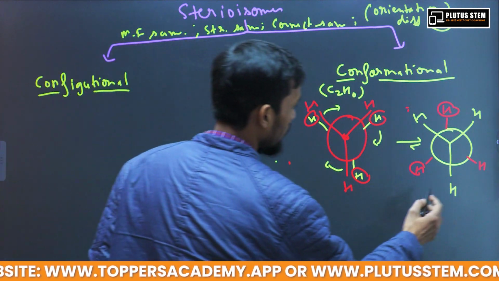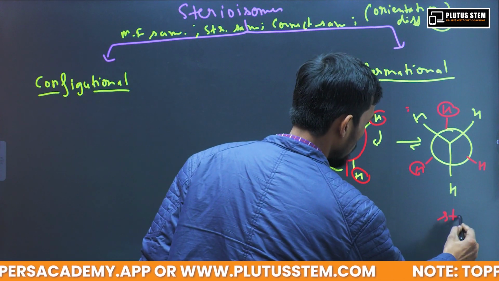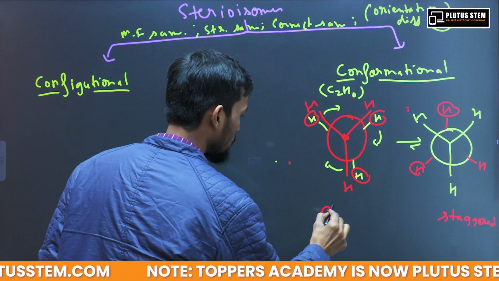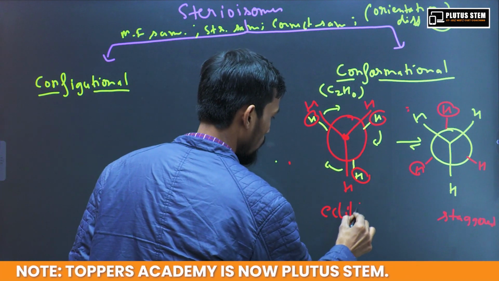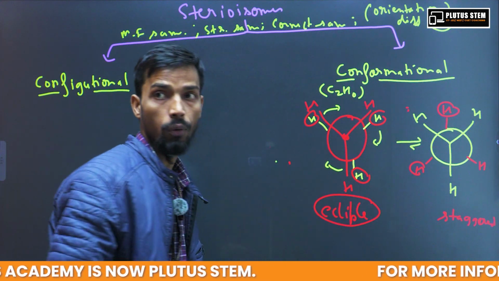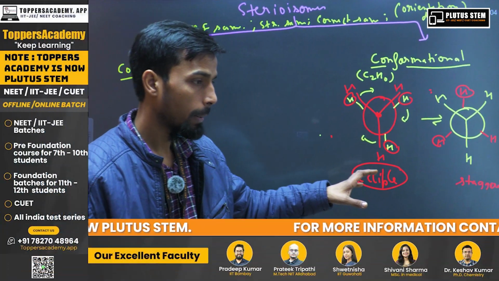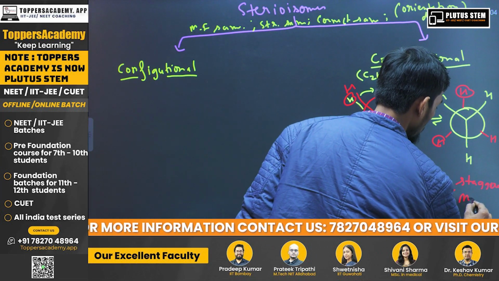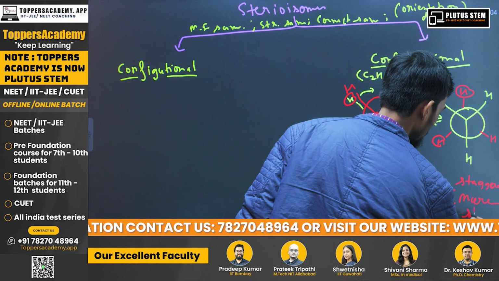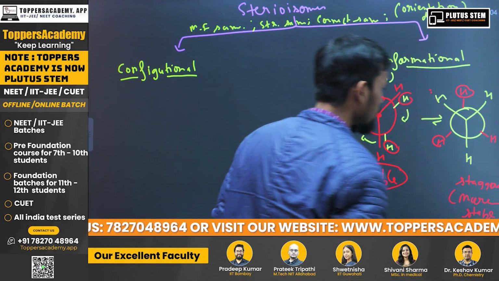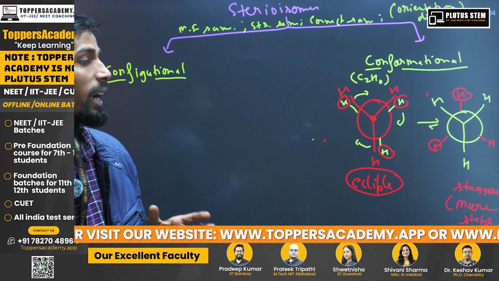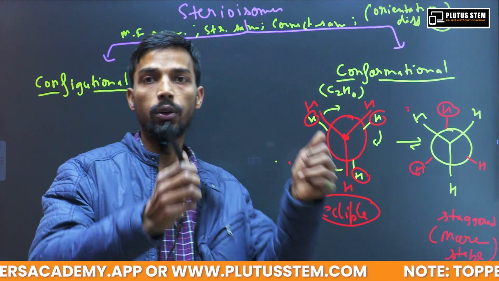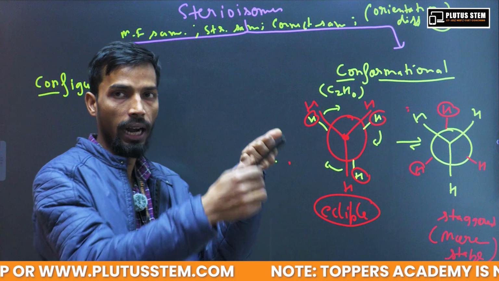So if you see over here, this one is staggered and this one is eclipsed. And generally this staggered isomer is more stable compared to this eclipsed isomer due to the hindrance of the hydrogens.